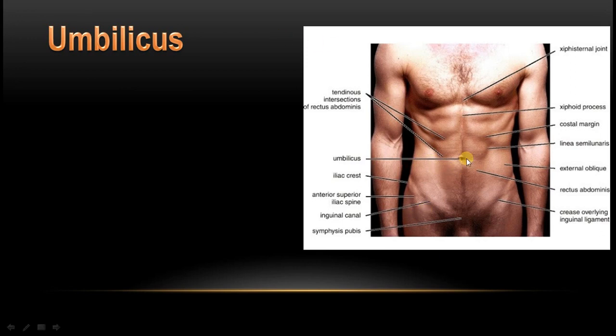The umbilicus is actually defined as the umbilical scar. It is a depressed tissue, and it is the site of attachment of the fetal end of the umbilical cord. So one end of the umbilical cord is attached to the umbilicus, and the other one will be attached to the placenta.